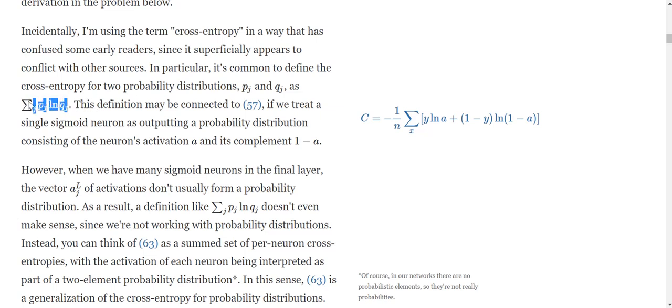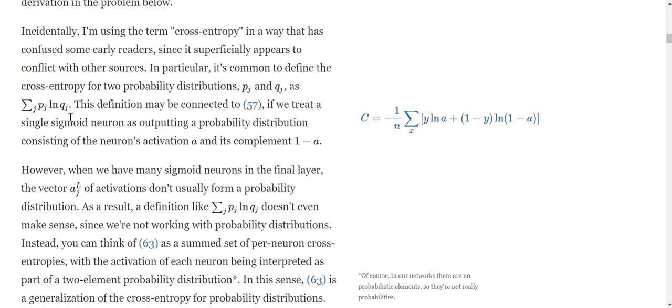It was a summation of Pj ln Qj over all j. So this was how we define cross entropy with respect to probability distributions. This definition is quite similar if we treat a single sigmoid neuron as outputting a probability distribution consisting of the neuron's activation a and 1 minus a.